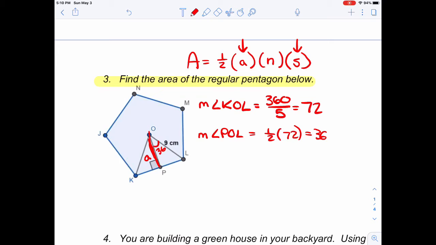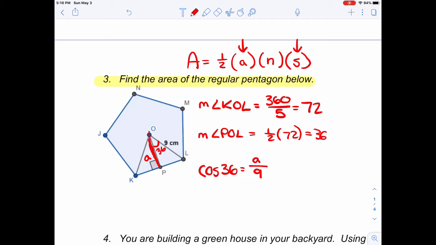So I have an adjacent and I have a hypotenuse. So out of my sine, cosine, and tangent, which of those uses adjacent and hypotenuse? That's your cosine. So I'm going to do cosine of 36 is going to equal my adjacent, so my unknown A, over my hypotenuse, which is 9.